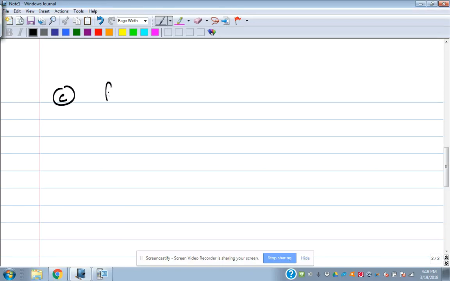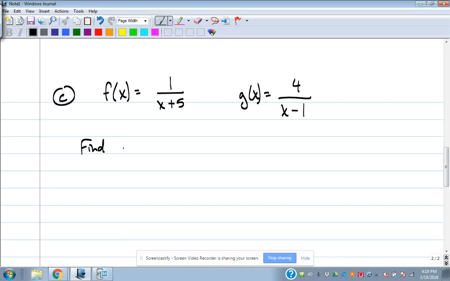All right. Here's f of x, 1 over x plus 5. Here's g of x, 4 over x minus 1. Our job is to find f composed with g of x and its domain.